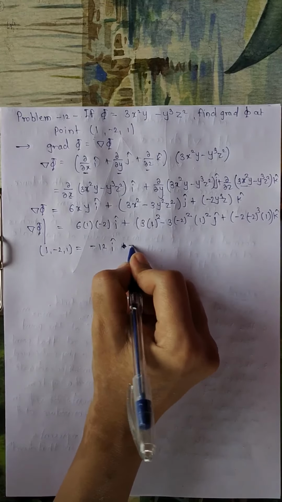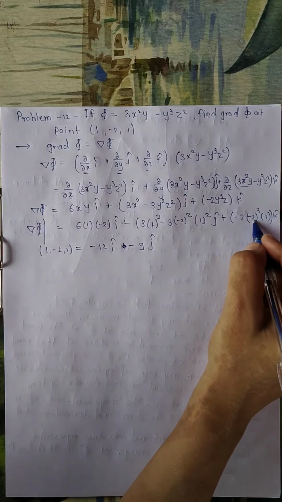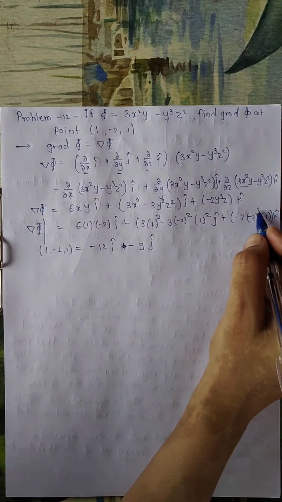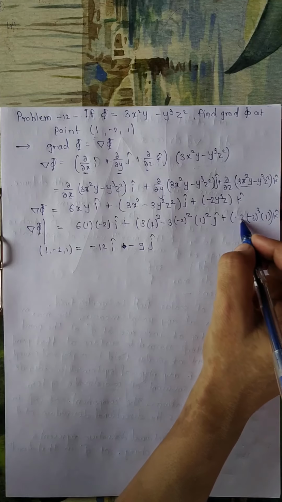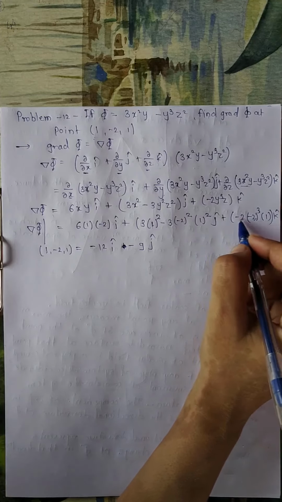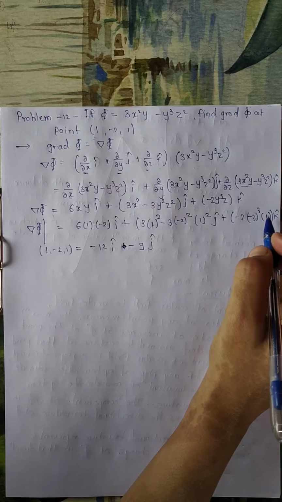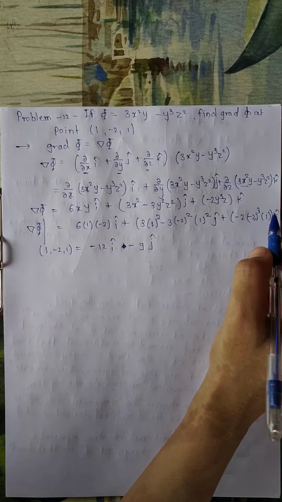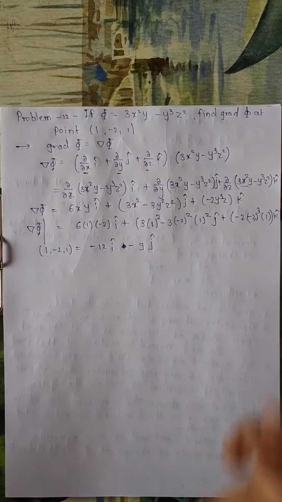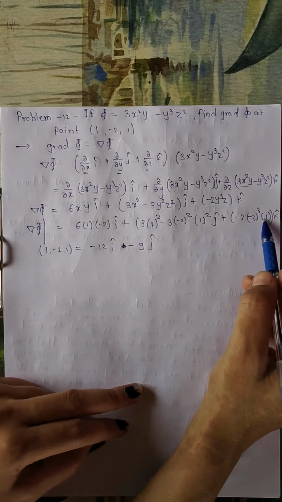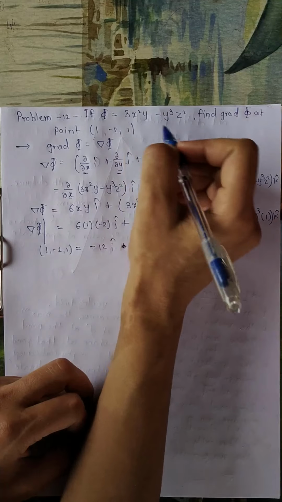The subtraction will be minus 9 into j cap, and here minus 2 into minus 2, now here minus 2 cube is minus 8 into minus 2, that is minus 16, and here what is the value of z? So z is plus 1. So in your textbook they have substituted z as minus 1, which is wrong. So the value of z they have given us is, sorry, I have made a mistake.